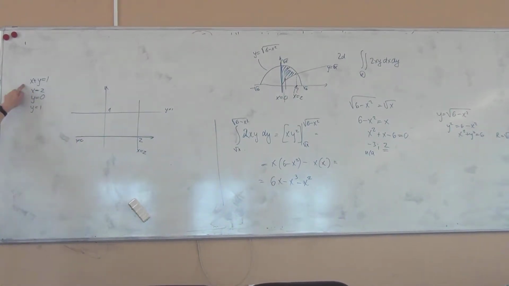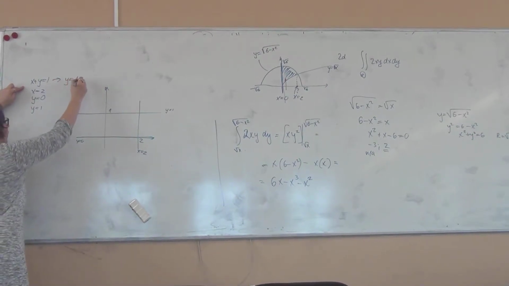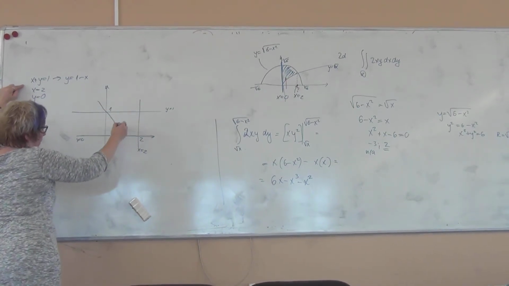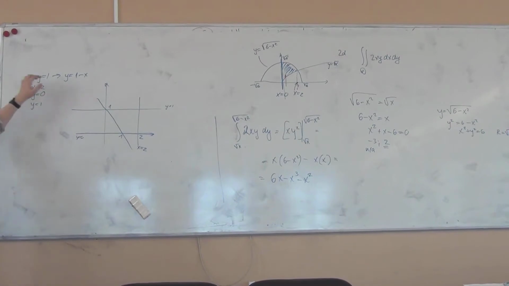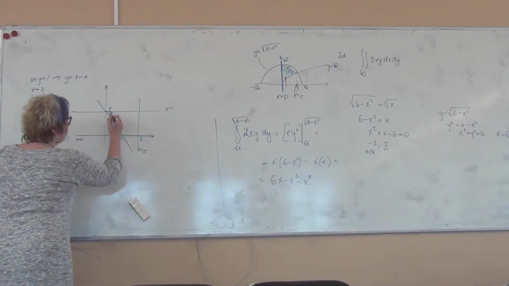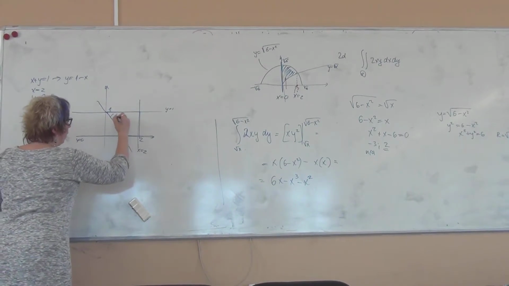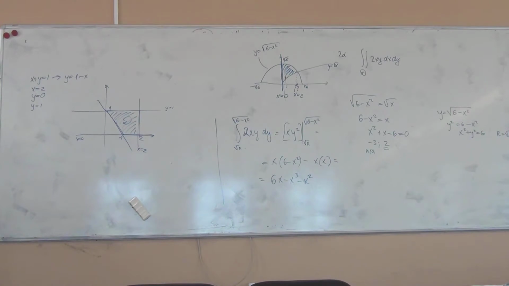And finally, x plus y is 1 means y equals 1 minus x. If x is 1, then y is 0. If x is 0, then y is 1. It's this line. So this and this and this and this, these are the boundaries. This must be the region D, a trapezoid.